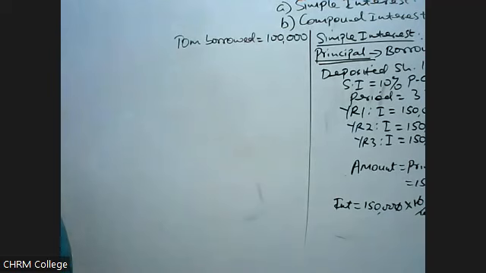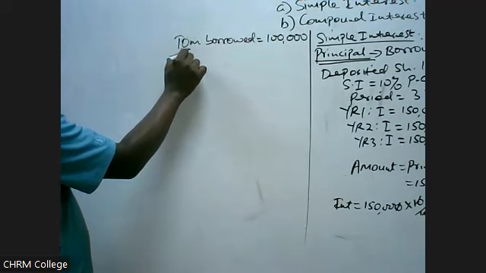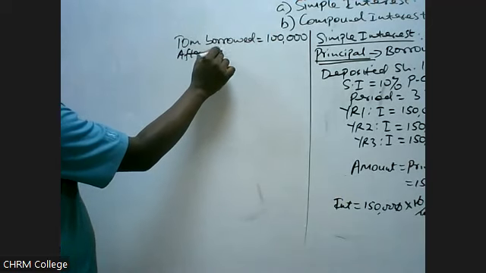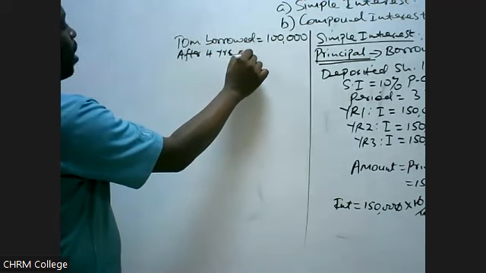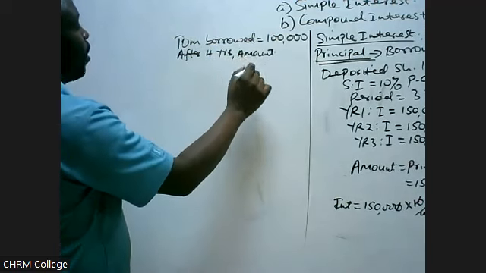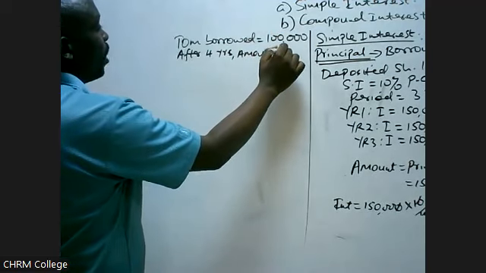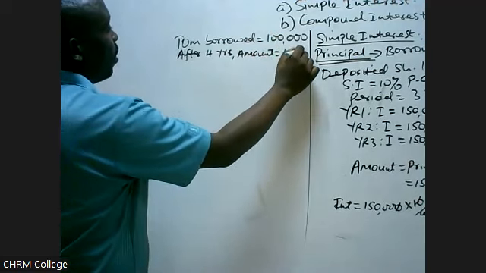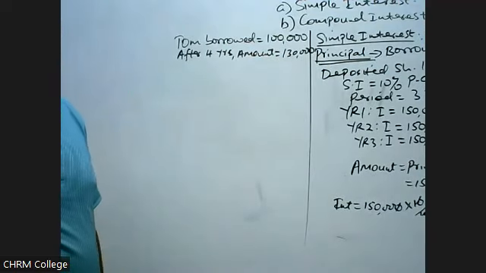And then after 4 years, the amount that was due, that the person was supposed to pay, was 130,000. He paid or cleared the loan with 130,000.